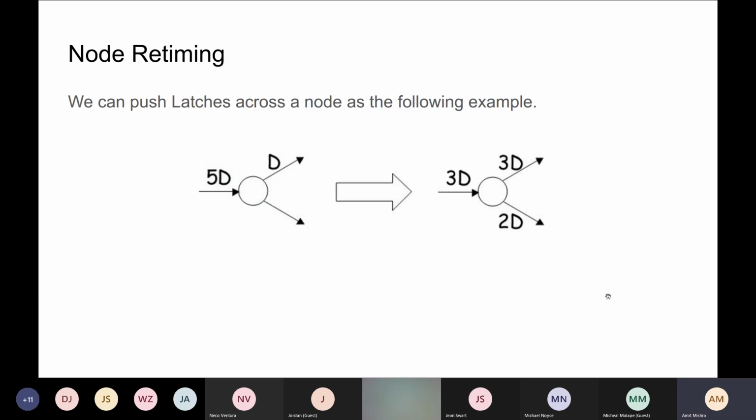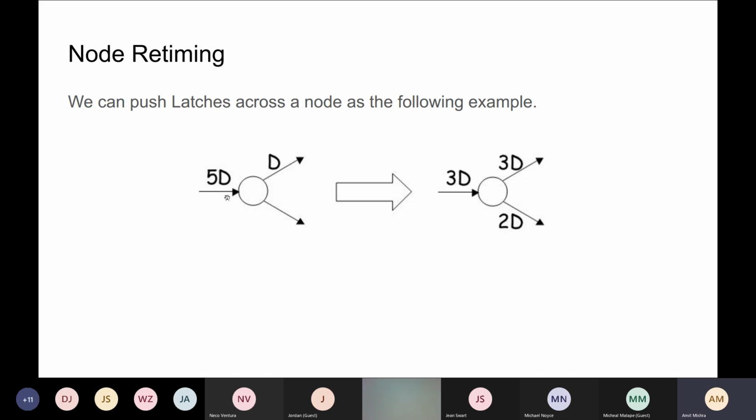Some simple heuristic retiming algorithms. One is called node retiming. The picture quite nicely describes this. If you have some delays on the edge going into the node, and you subtract certain delays from that, then you have to add the same number of delays to each of the paths coming out of the node.